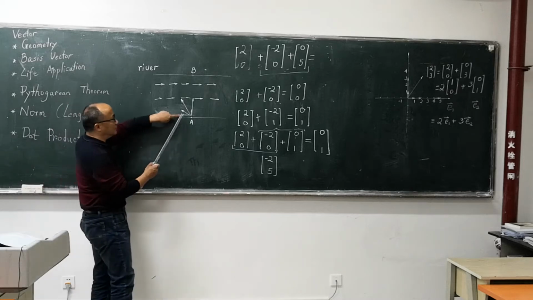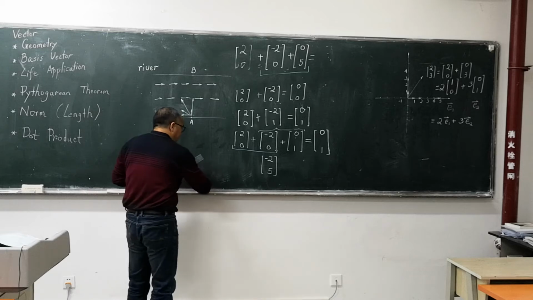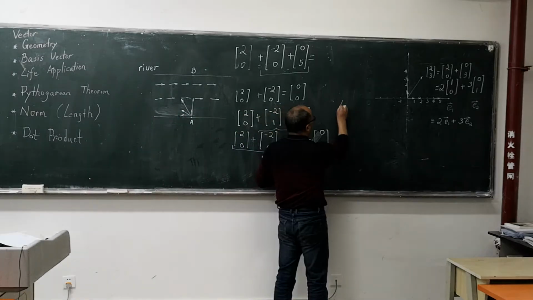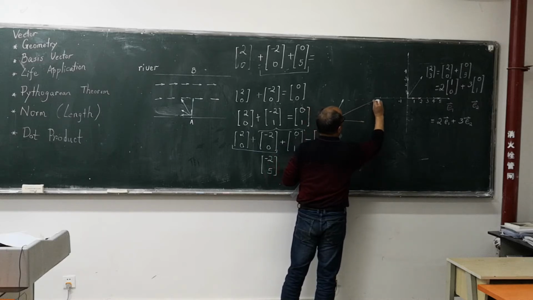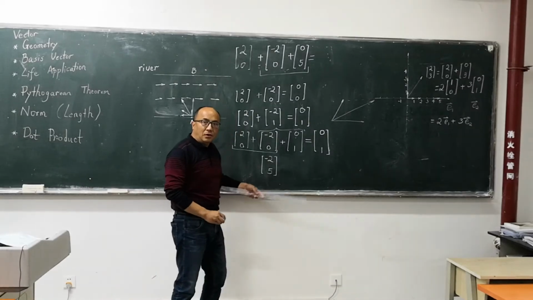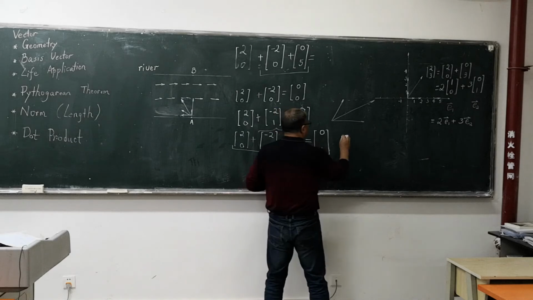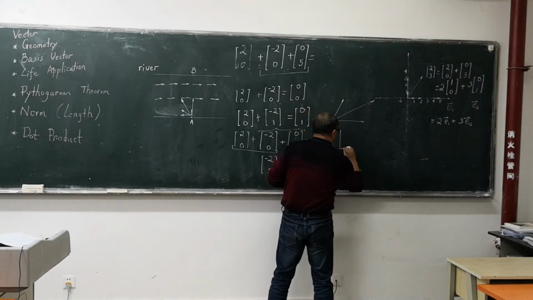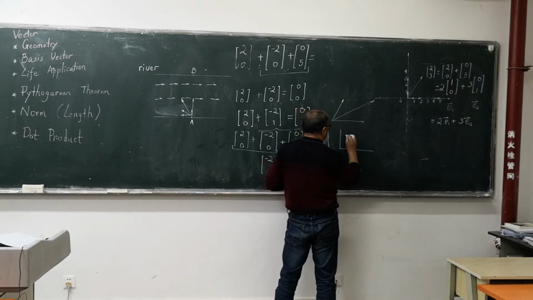Parallelograms. The vector A plus vector B. Parallelograms, okay? This is also the summation. And here it is a rectangle, not just a parallelogram, a rectangle.